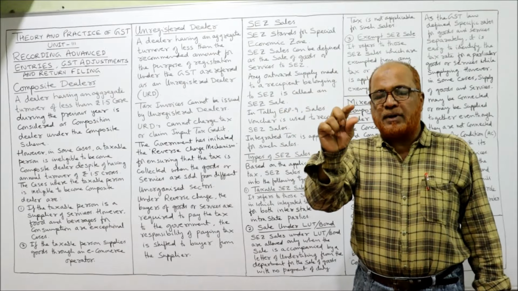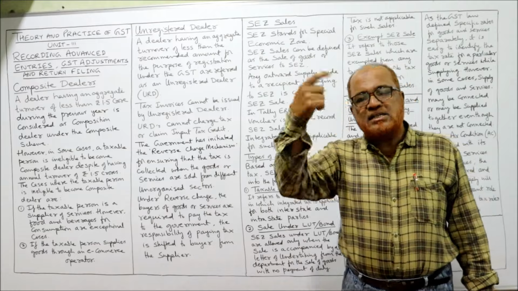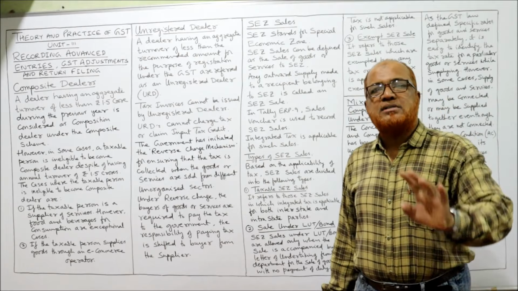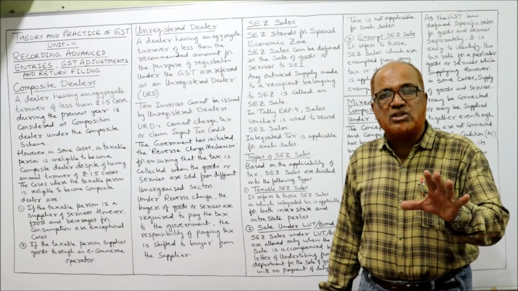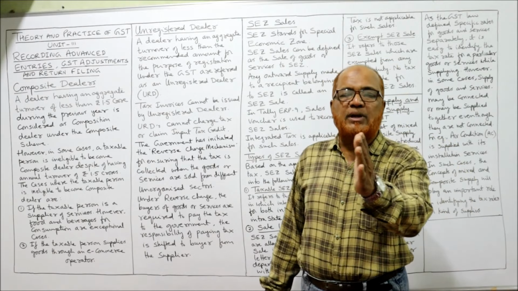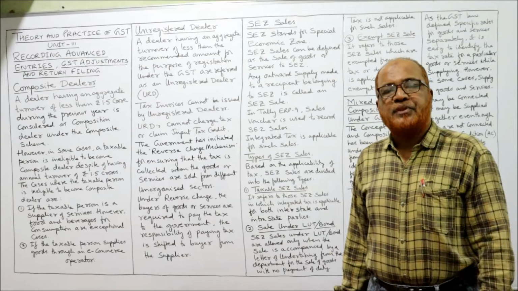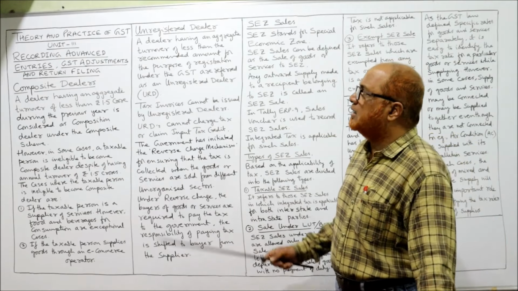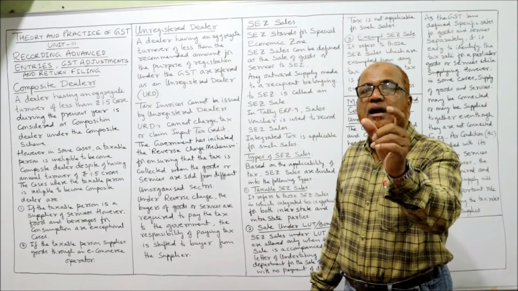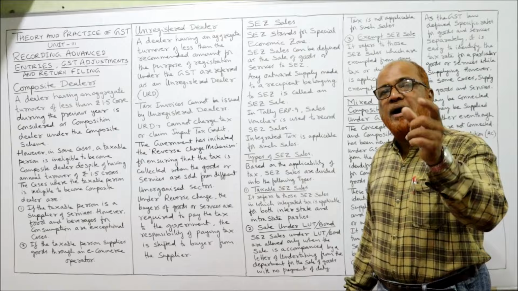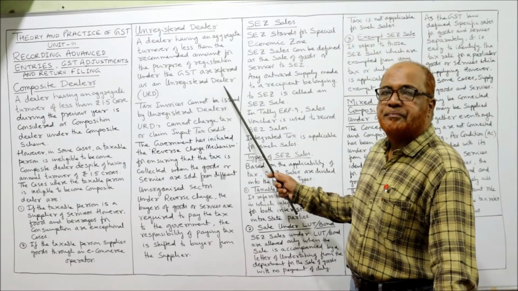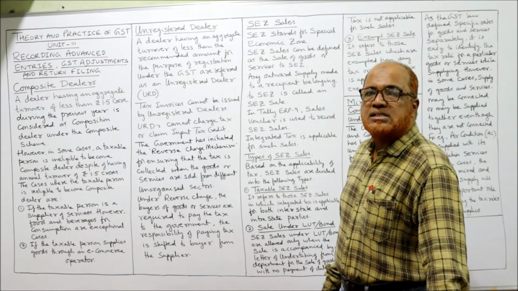If the person's turnover exceeds the threshold, then the person must get registered. If the person's turnover is below the threshold level, then the person is called an unregistered dealer.